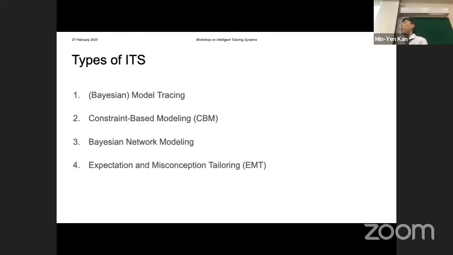So you map the curriculum into a Bayesian network, and then use Bayesian methods to compute probabilities of student mastering. Constraint-based modeling, Bayesian network modeling, and then expectation and misconception tailoring.